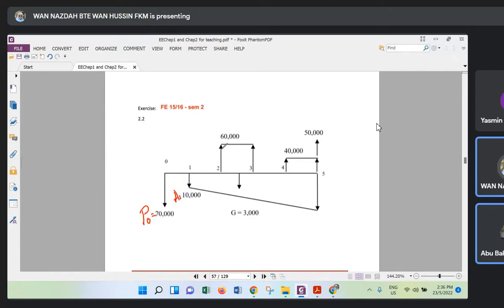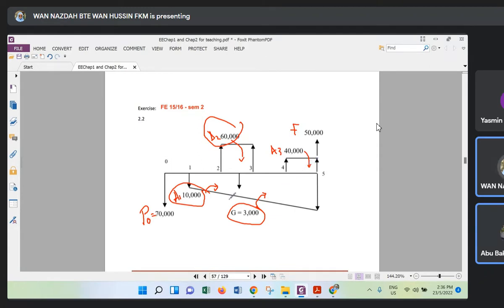So I must put inside the box: this is A2, this is A3, and this one is F. Everything must go inside the box.